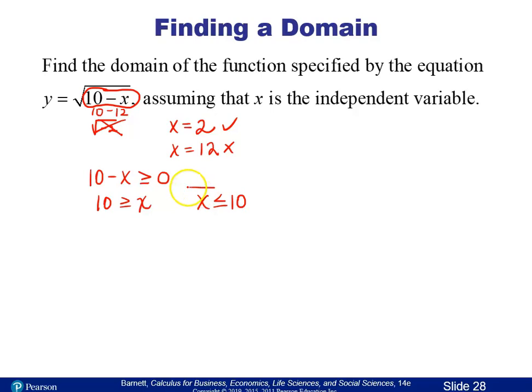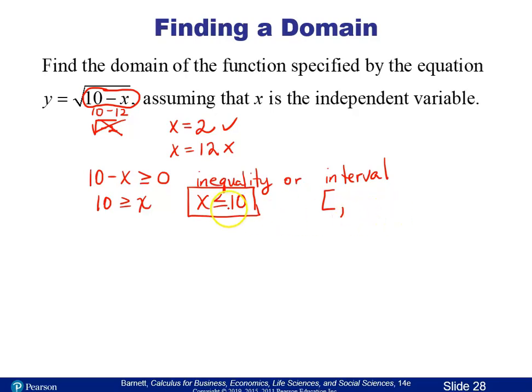So this is going to be our domain here, and you can write this either as an inequality, so your inequality is going to look like this, or interval notation, and some of you may be familiar with interval notation. We'll review this a little bit more later, but basically you use brackets.